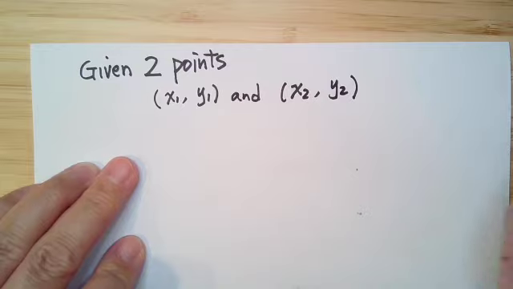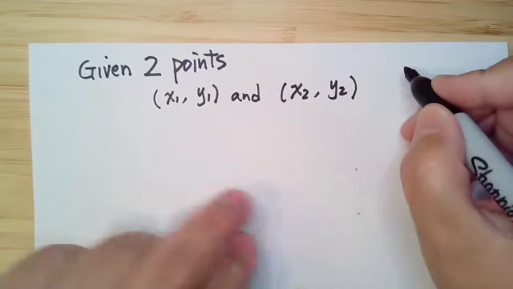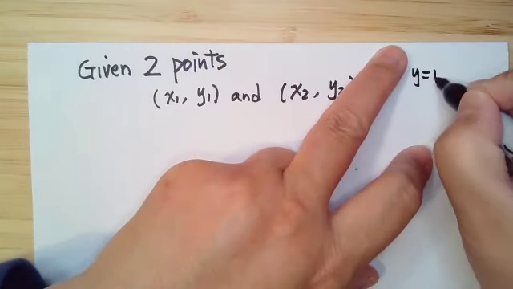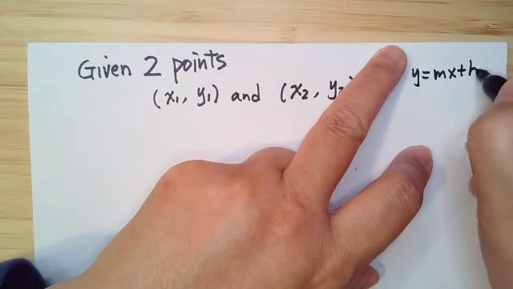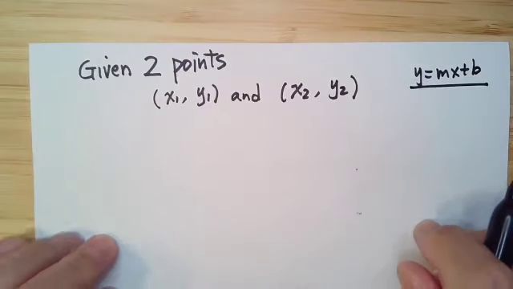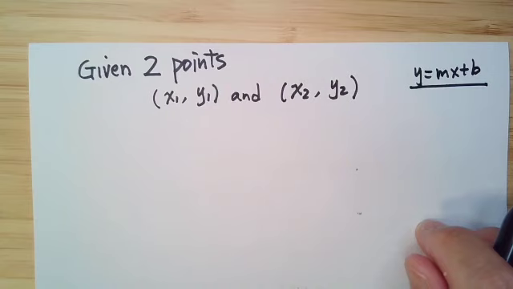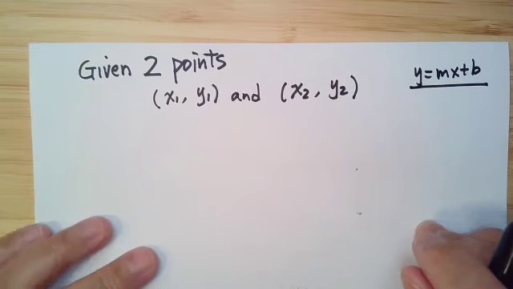How should you do that? Remember, we have the y equals mx plus b format, right? And that is the slope-intercept form. Once you're given 2 points, you can find the slope.